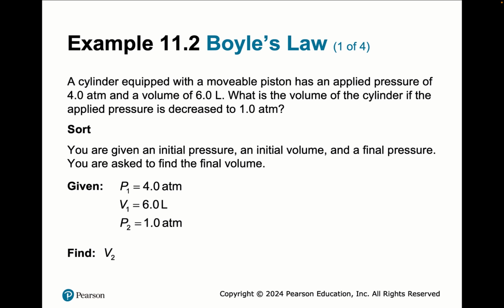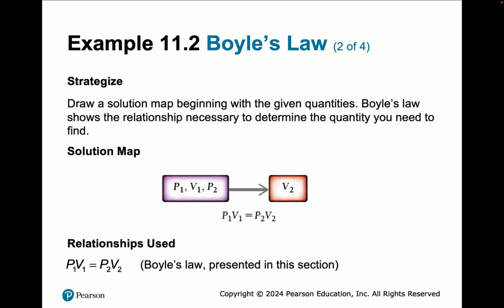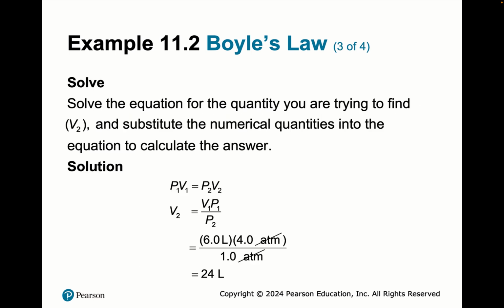So Boyle's law. We're going to go through a couple of different laws, building up to the ideal gas law. Personally, I just deal with the ideal gas law, but we can do these individually. One equation, one unknown. We know one pressure, one volume, and the other pressure, we need to know the second volume. So apply Boyle's law and solve for it, and the volume is 24 liters. So it's just the plain old one unknown, one equation.